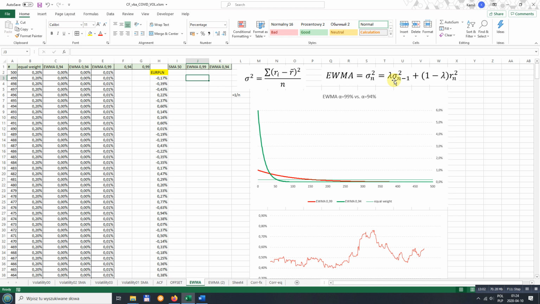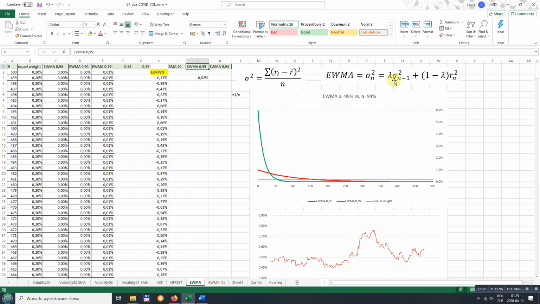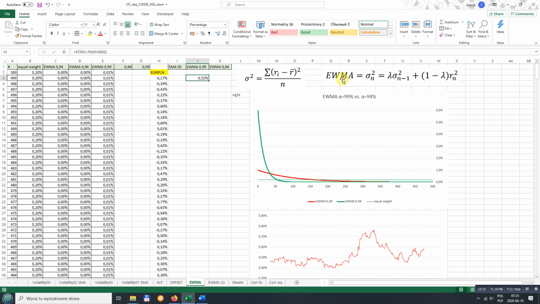If I know that my formula helps me calculate for the n-th observation, I need n minus 1 in my formula. If I start with the last observation, I need to make some assumption of what I start with, what was the previous one. So in practice, what you need is some rational standard deviation. You can use some subgroup from these observations. You can use the global one, right? So we can either use this 0.52 or we can start with 0.3.